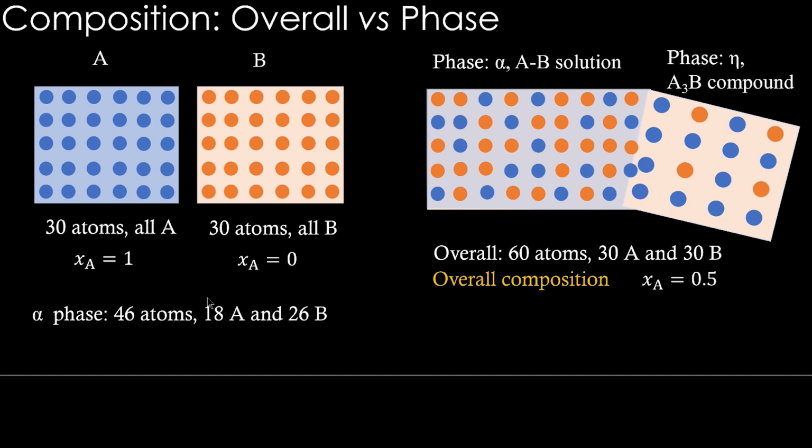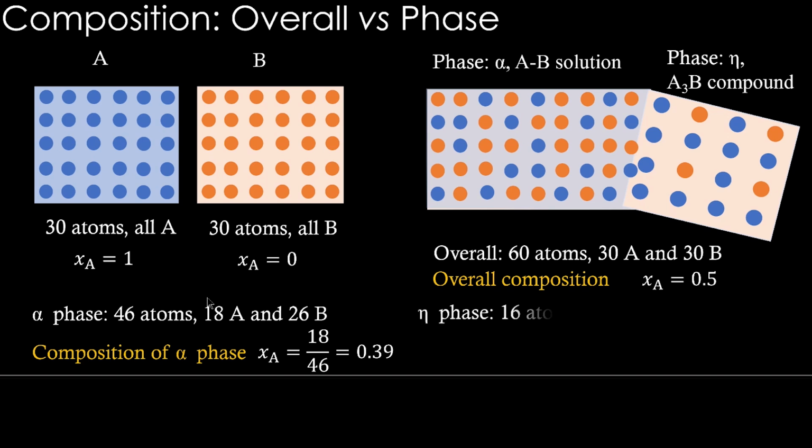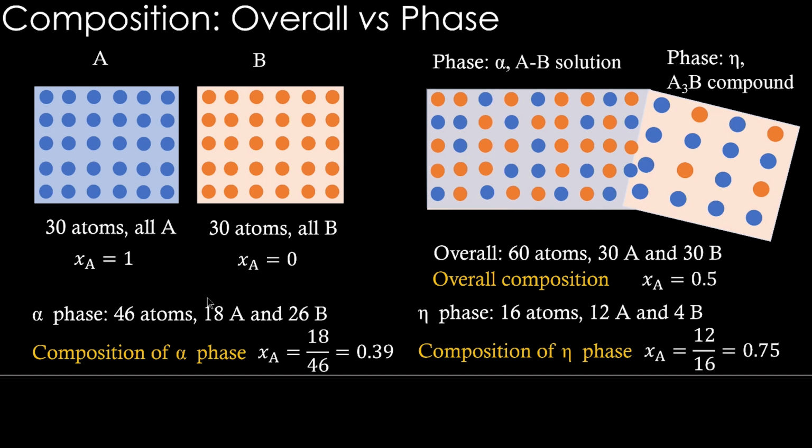The alpha phase has 46 atoms, 18 of them are A, 26 of them are B. Therefore, the composition of the alpha phase in terms of mole fraction of A is going to be 0.39, and for the eta phase it is going to be 0.75.